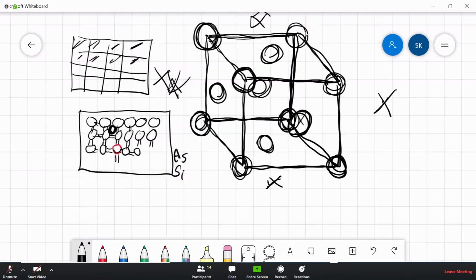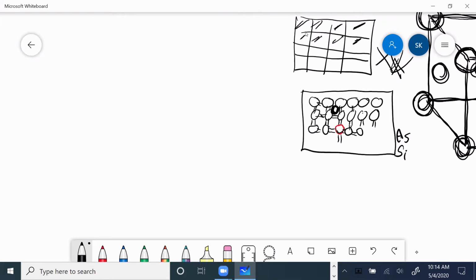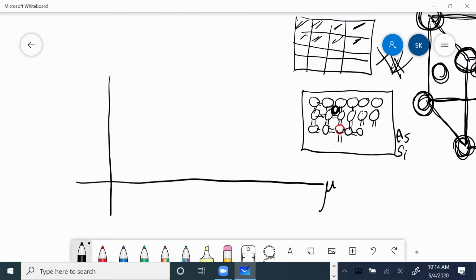However, let me also tell you something that I don't believe I ever mentioned. The relationship, let's call this mobility, and this conductivity. It isn't that as the mobility increases, the conductivity falls. That is not the curve that actually exists.